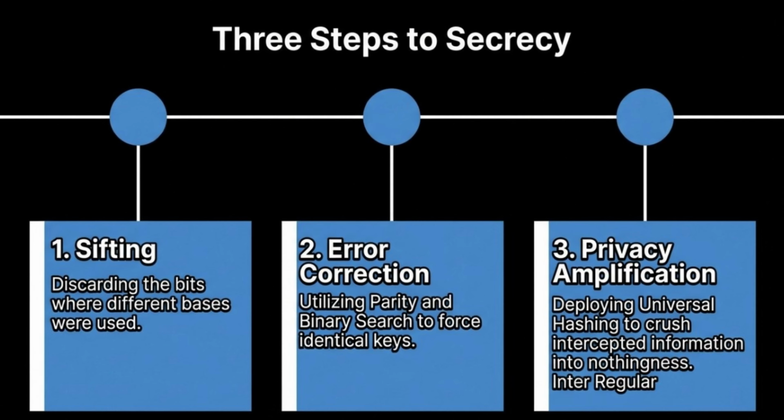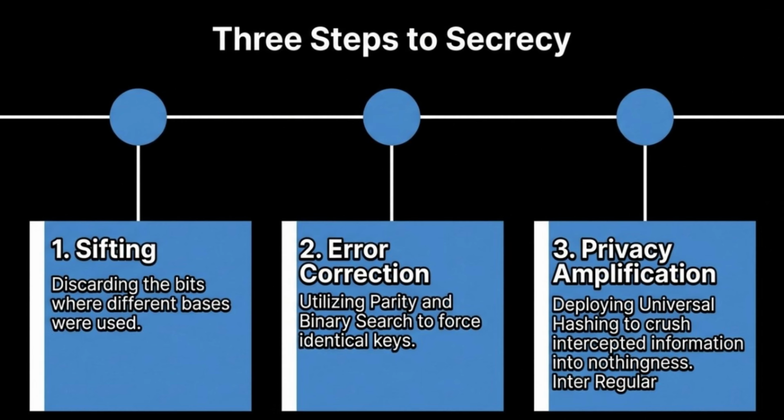To truly appreciate how we move from physics to cryptography, let's recap the 3 steps to secrecy. First, we have sifting. This is our initial cleanup where Jennifer and John compare their measurement bases. By discarding every bit where their bases didn't match, they distill their messy quantum data into a shared raw key.